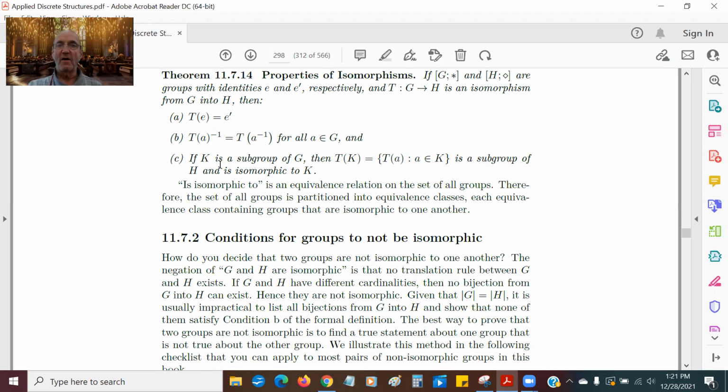And if I have a subgroup K in G, then the map of that is going to be a subgroup in H. And not only that, but K will be isomorphic to its image, the subgroup in H. And this is pretty awesome.